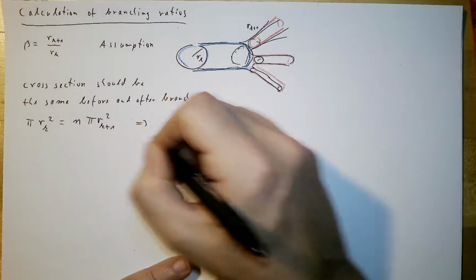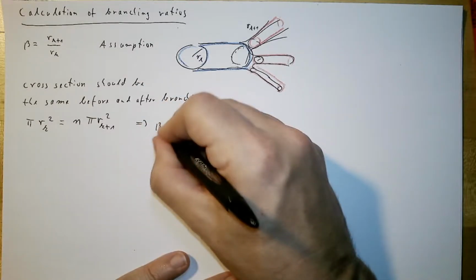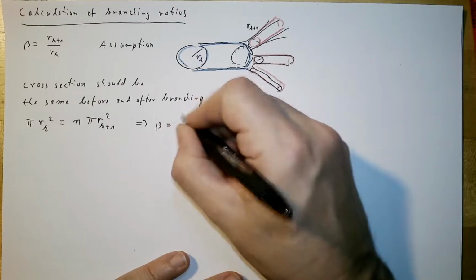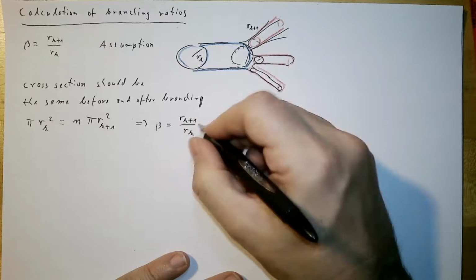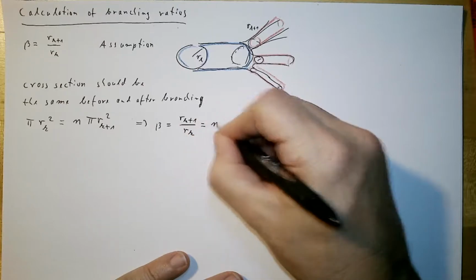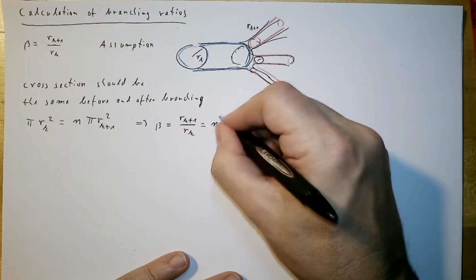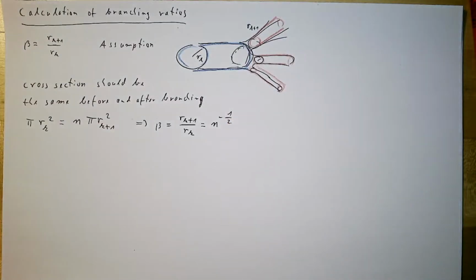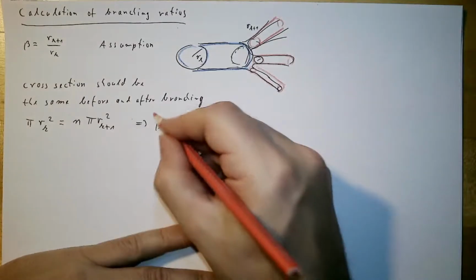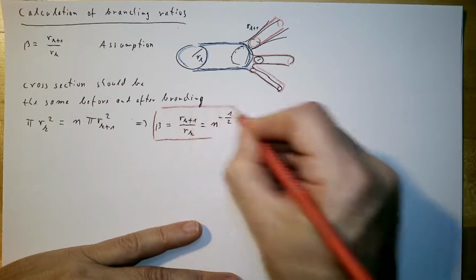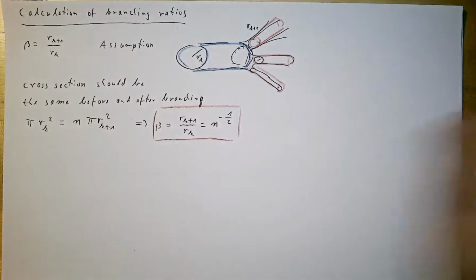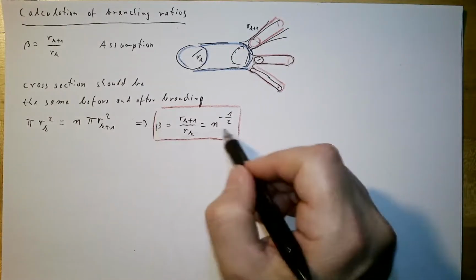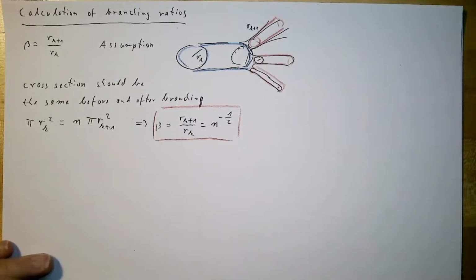And then directly from this we see a relation that beta, so r_{k+1} divided by r_k, should be our branching factor to the power 1 minus 1 over 2. So simply the fact that this area should be conserved relates these two of these three parameters.